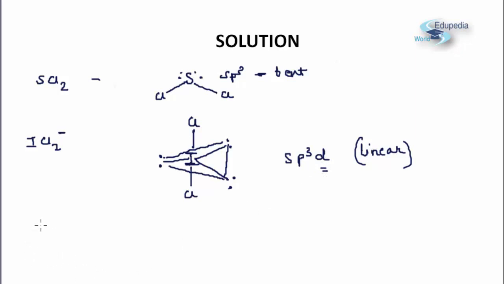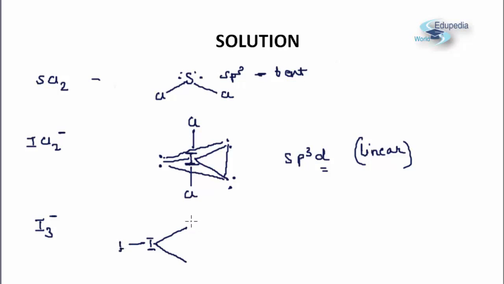The other one given was the triiodide. Triiodide will be exactly similar to this structure. What will happen is that there will be 1 iodine over here, and in place of 2 chlorines you will get 2 iodines, okay.